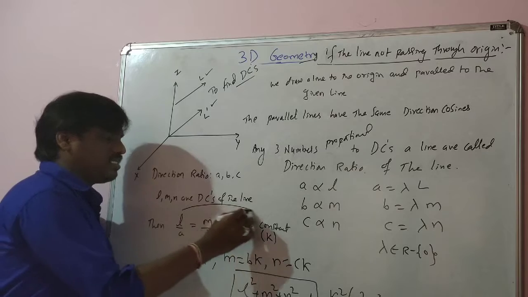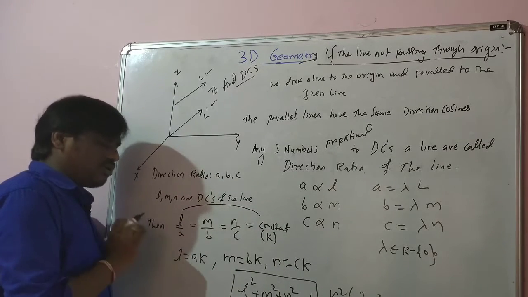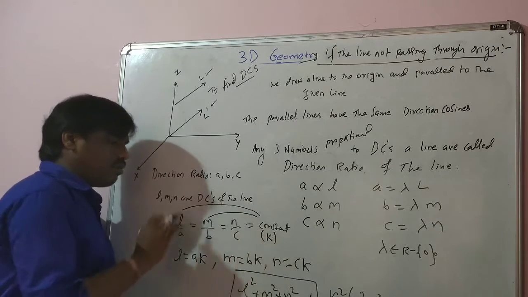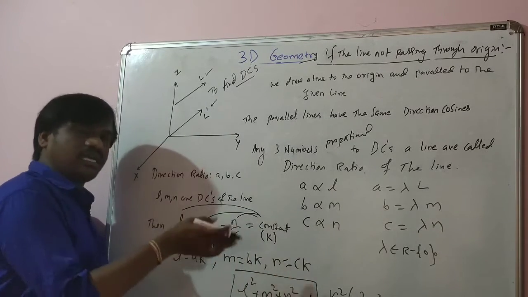M by B is equal to K, so M is equal to BK. N by C is equal to K, so N is equal to CK.